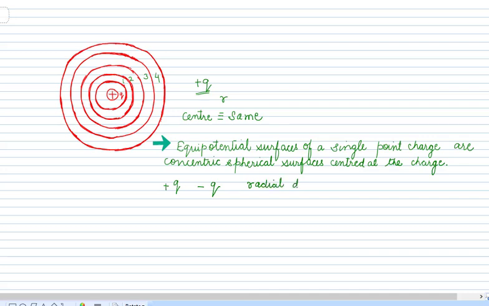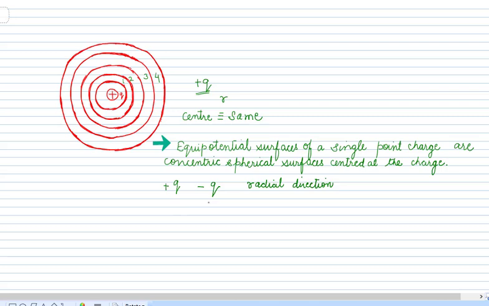So we call them radial lines. If it is a plus Q, then these are moving away from it, and if it is minus Q, then they are moving towards the center. So the electric field lines for a point charge Q are always radial lines, which may be starting or ending at a charge.